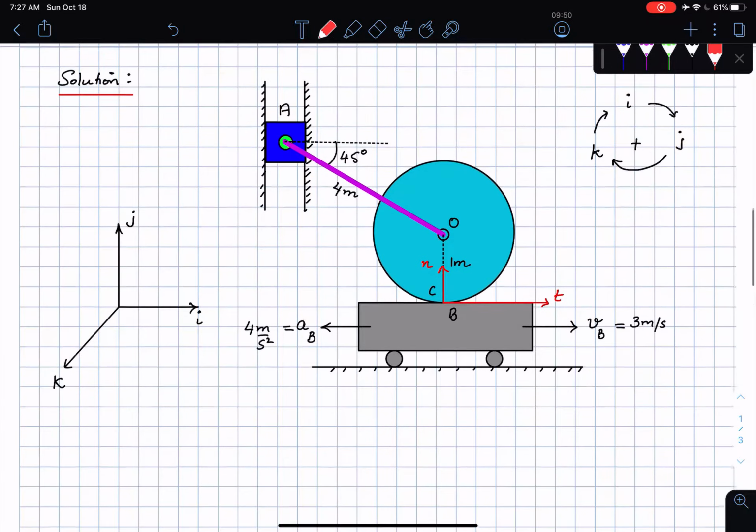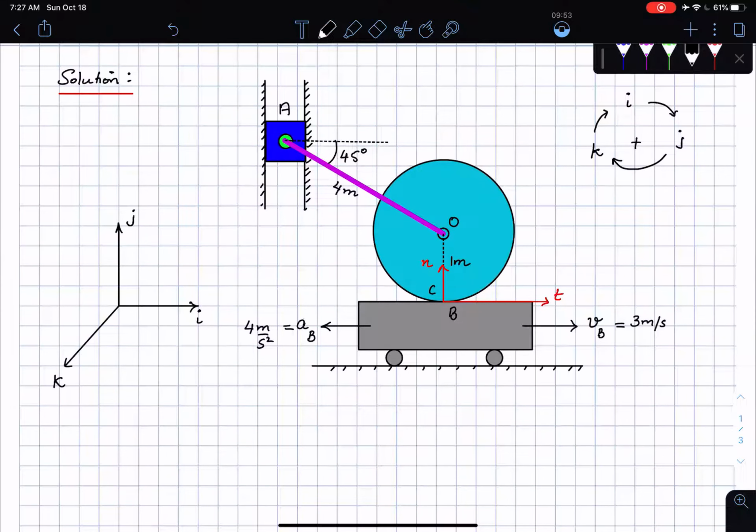Okay, and something that I will also say is at that instant in time, the t and n directions at the point of contact, these are coincident with the I and the j directions.